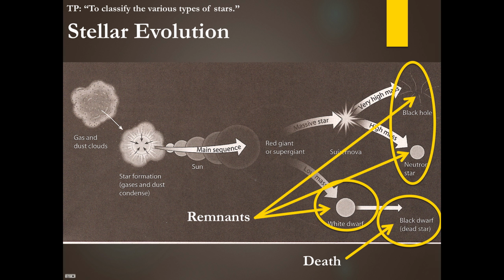Most of our stars on page 15 are medium size, low mass. But the remnants, or what it will turn into, the late stage, would be a white dwarf, a black hole, or a neutron star.